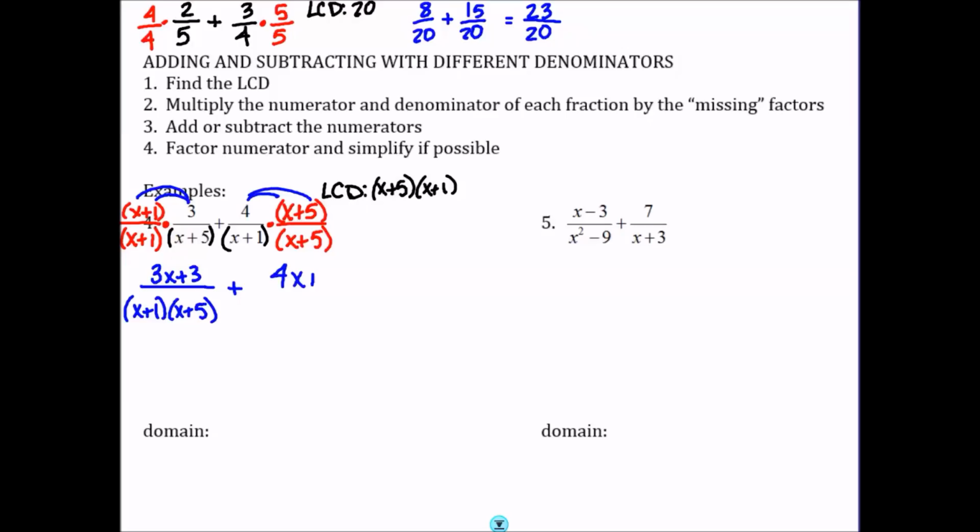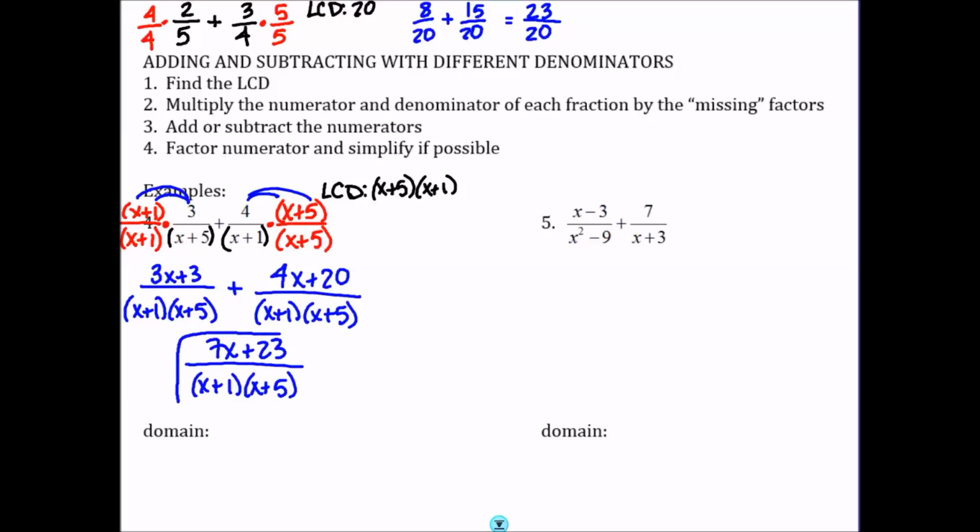You get 4x plus 20 over x plus 1, x plus 5. Then you can go ahead and add. So we end up with 7x plus 23 over x plus 1 times x plus 5. Since we can't factor the numerator, that is our final answer.